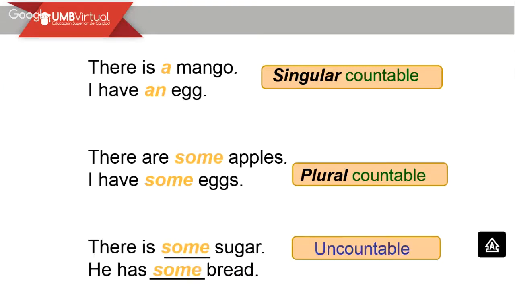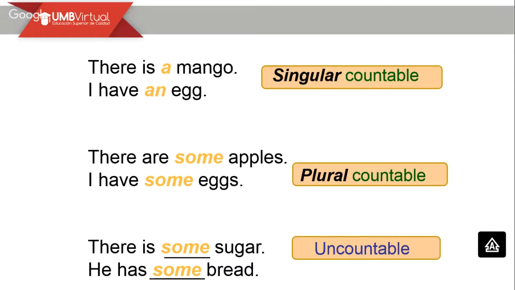All right. More examples. There is some sugar and he has some bread. Uncountable nouns. Entonces, recordemos que el some puede significar algo, algunos, algunas. Entonces, en este caso lo podemos utilizar tanto para los sustantivos contables e incontables.